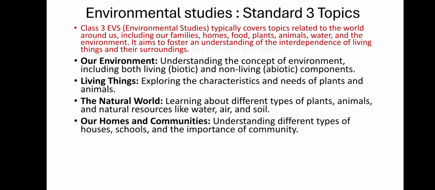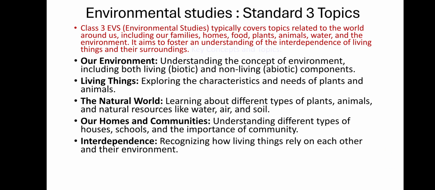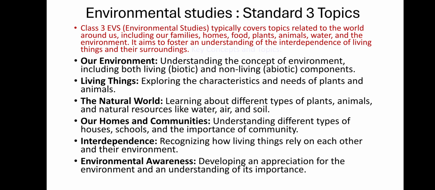Our homes and communities: understanding different types of houses, schools, and the importance of community. Interdependence: recognizing how living things rely on each other and their environment. Environmental awareness: developing an appreciation for the environment and an understanding of its importance.